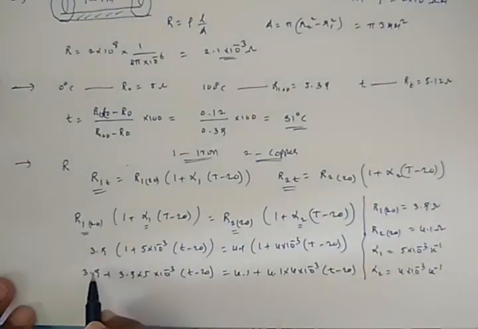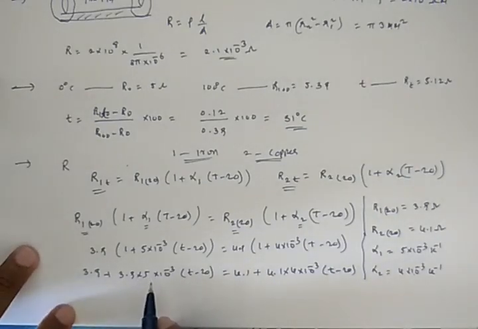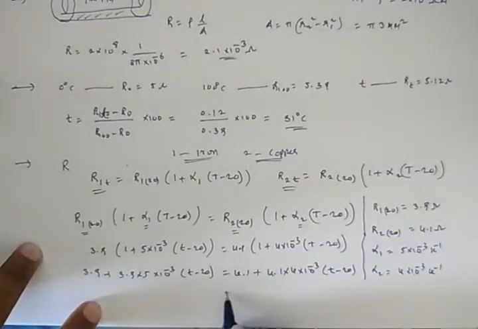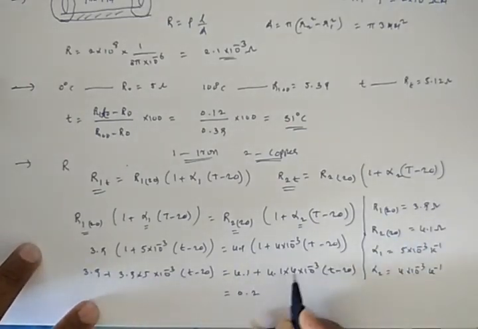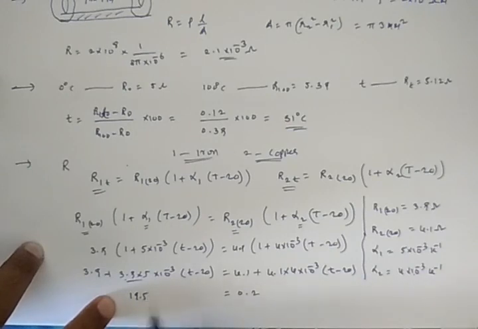Once you move the 3.9 to one side and the other term to the other side, now I'm moving this here, so you get 0.2, and now I'm moving this part here. Here T minus 20 is common, and 10 power minus 3 is also common. Then this value is 19.5, and that value is 16.4, into 10 power minus 3, with T minus 20 common.